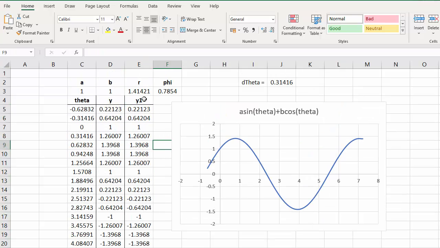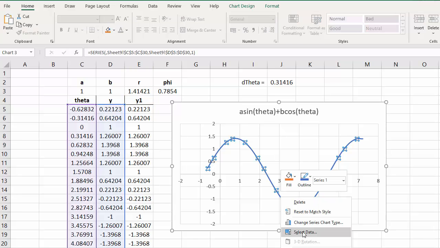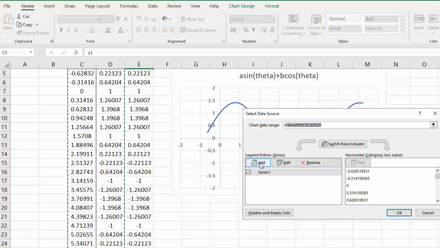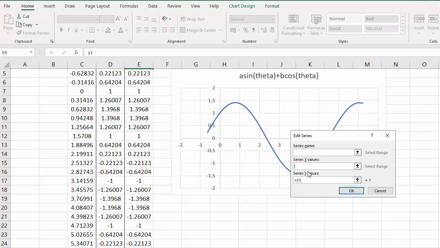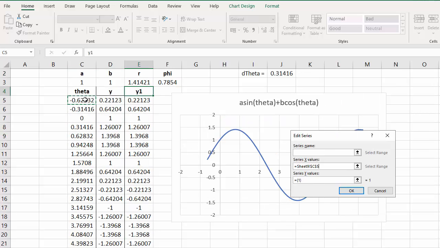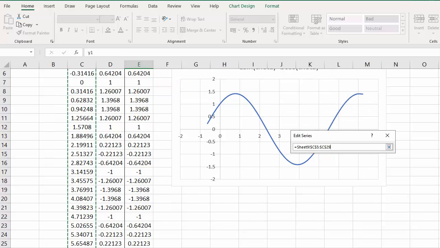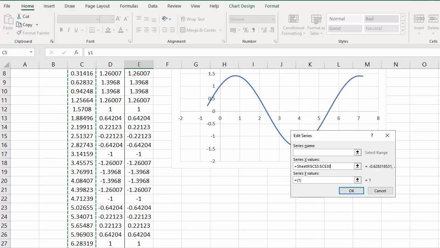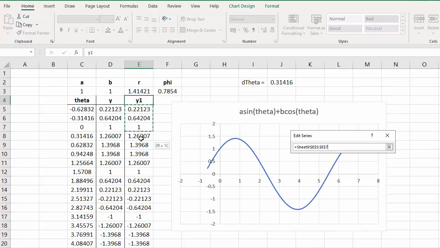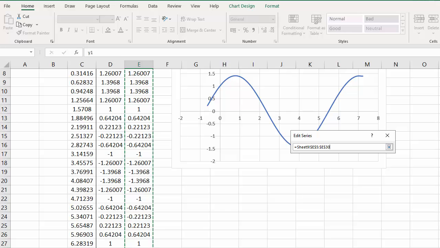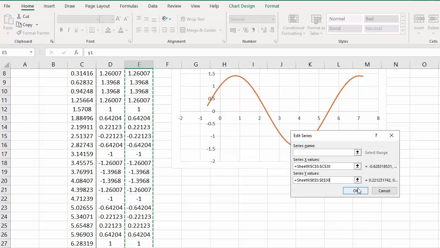And now I'm going to add the y1 column to the graph. So I'm going to say select data, add a new series. The x values will be those, and the y values will be these. Okay.